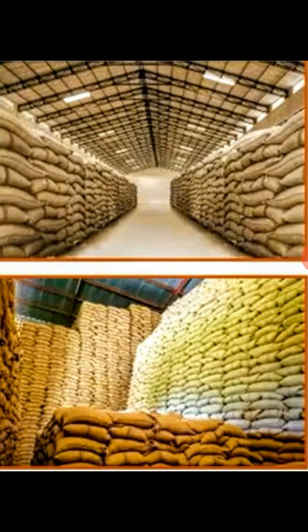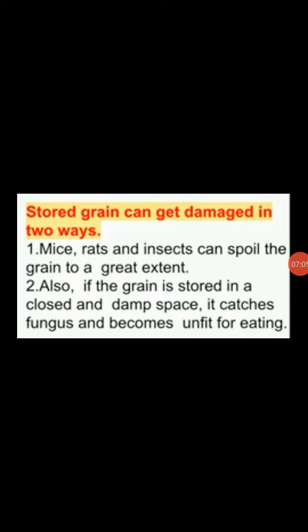So students, stored grain can get damaged in two ways. First, mites, rats and insects can spoil the grains to a great extent. Second, if the grain is stored in a closed and damp place, it catches fungus and becomes unfit for eating.